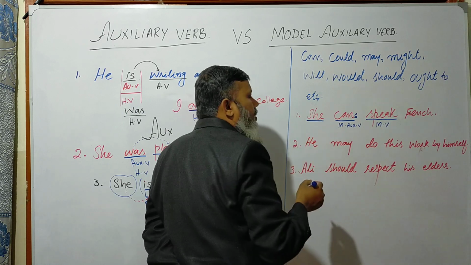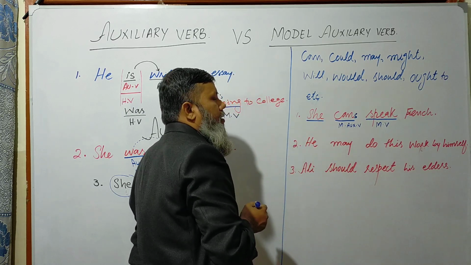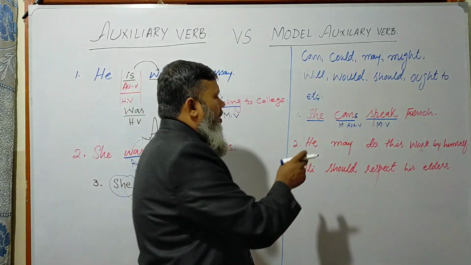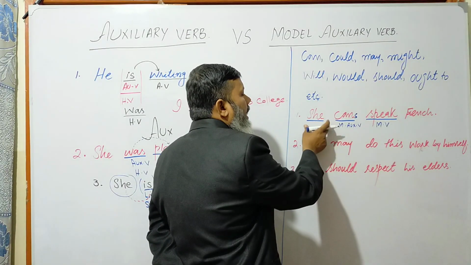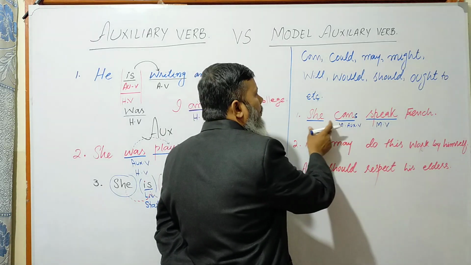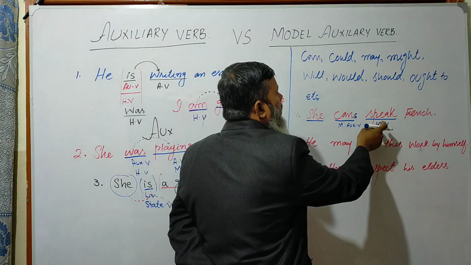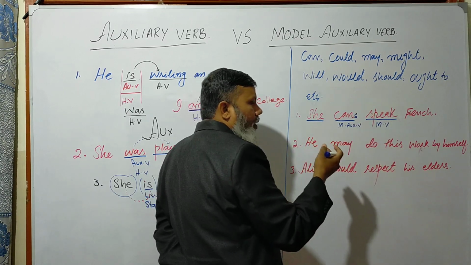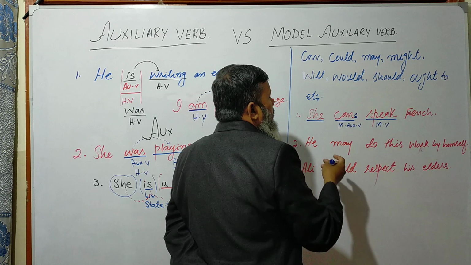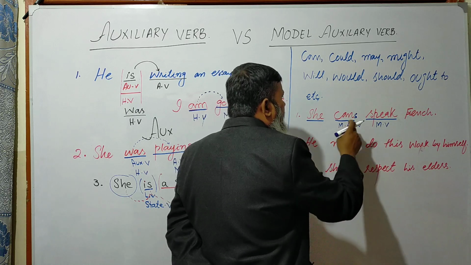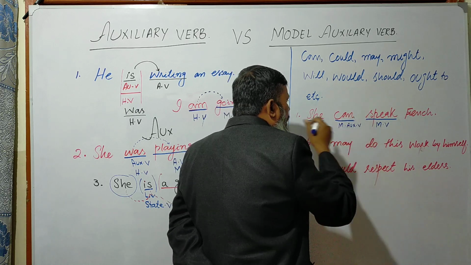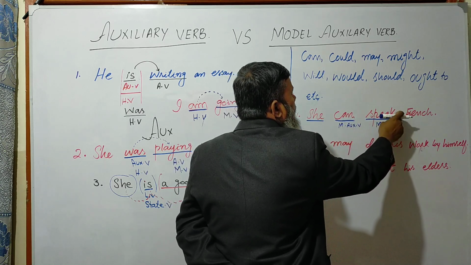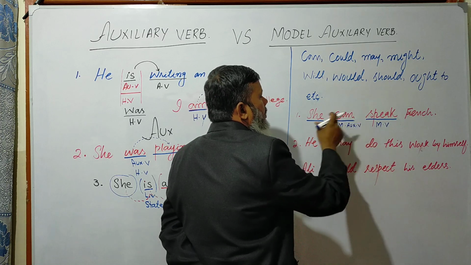In present simple tense, or present indefinite tense, we have read that along with the third person he, she, it, we use S, ES or IES with the verb. But we cannot use the S or ES form with can.